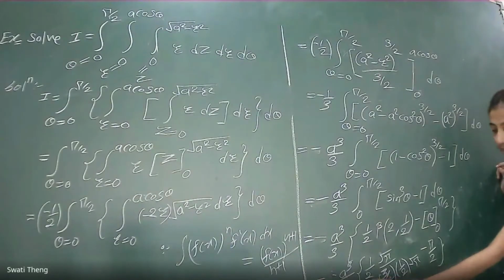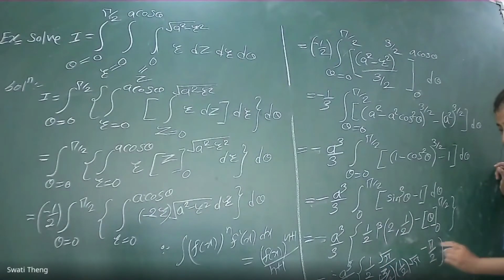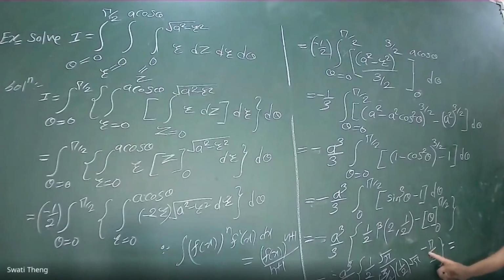This 1 by 2 cancels with this 1 by 2. Remaining is 2 by 3. Here it is 2 by 3. That means, and this minus sign, if we take outside, then outside is a cube by 3. From the bracket, if we take the minus sign out, this negative term will become positive. It is 1 of pi by 2 here, and this is nothing but minus 2 by 3. Hence, the final answer.